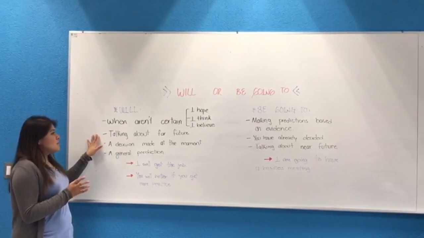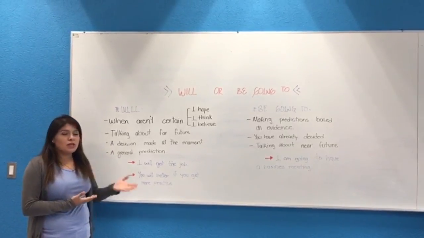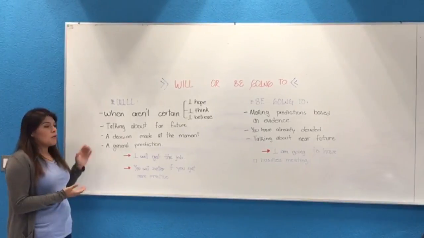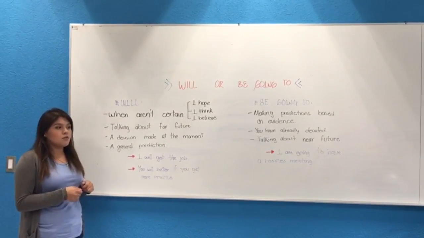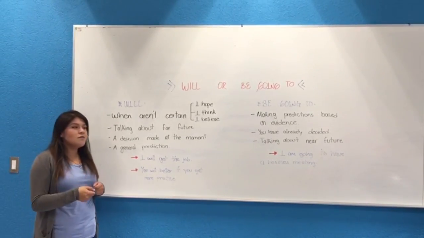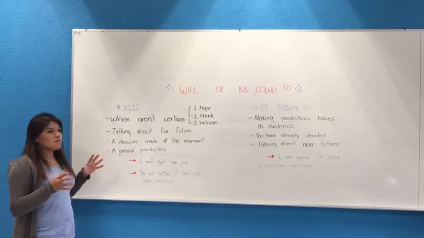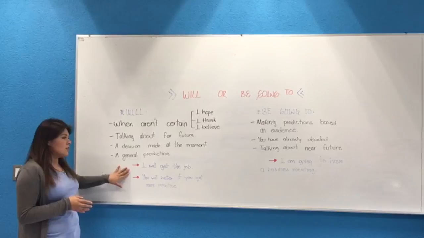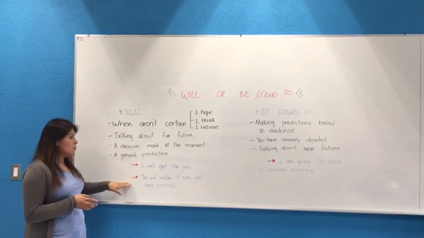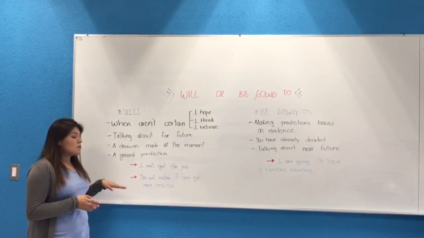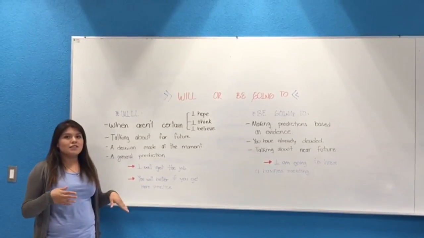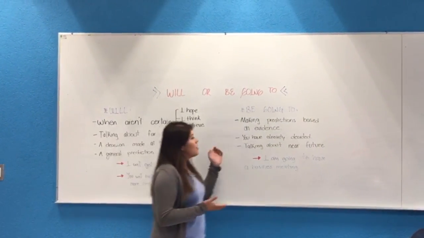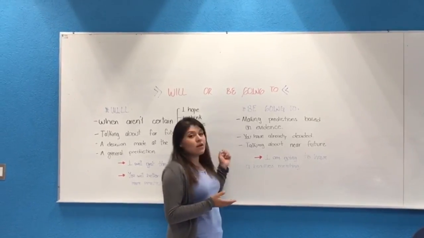One important point is that we use will when we are talking about the far future, when we make a decision at that time, and it's a general prediction. I have two examples here: I will get a job, and you will be better if you get more practice.